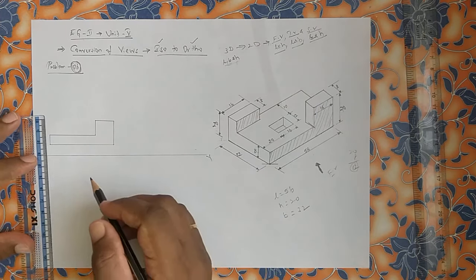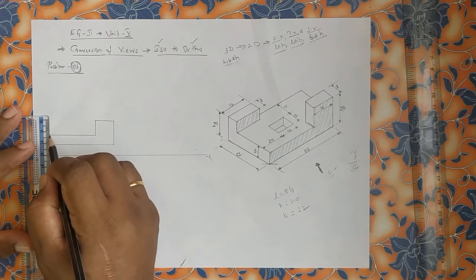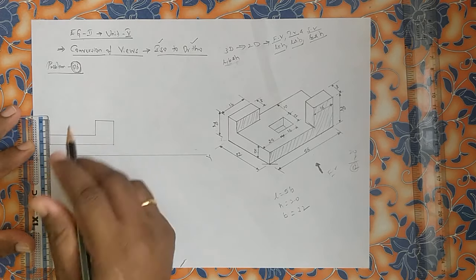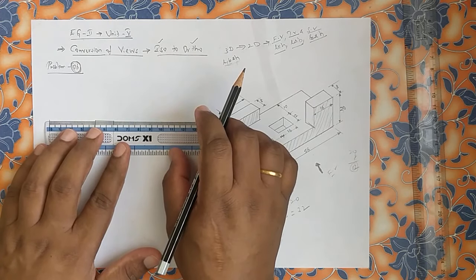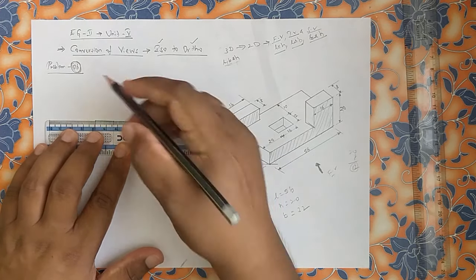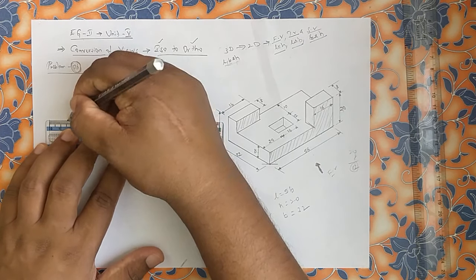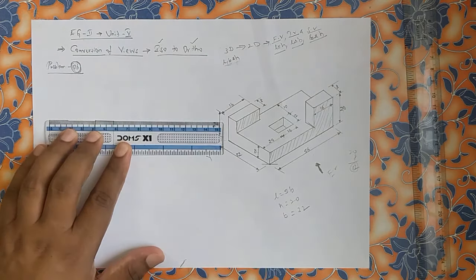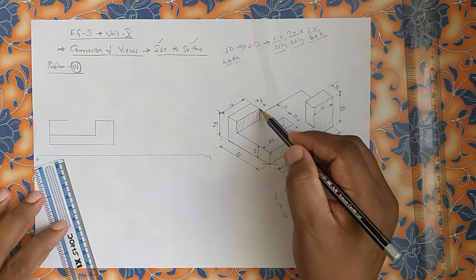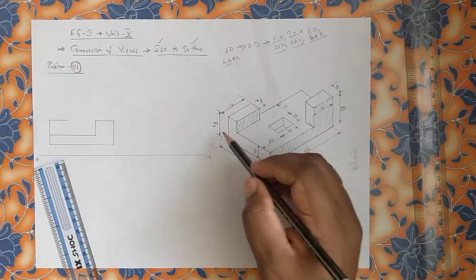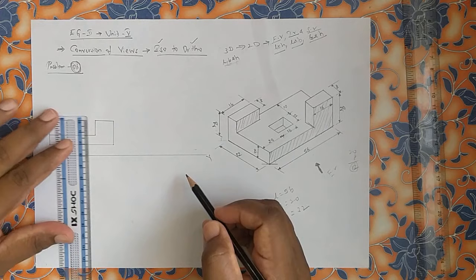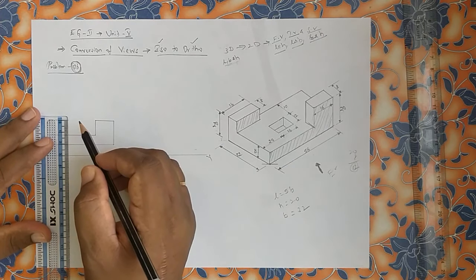So same again here, 10, 11, 12, 12 height, 16 length, 15, 16. Have to come down. What height I have to come down is nothing but 20 minus 8, 12. The same 12 whatever you have drawn, that 12 mm you are supposed to come down here.